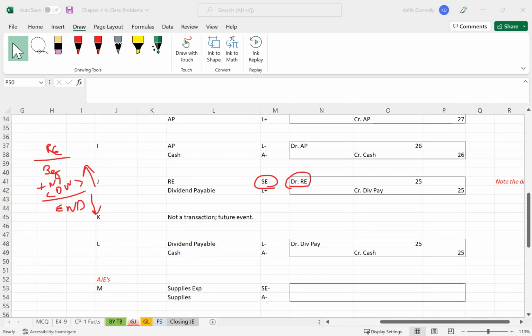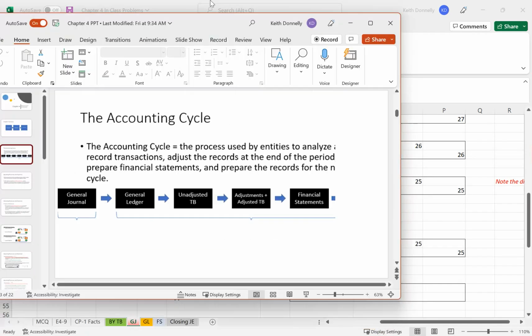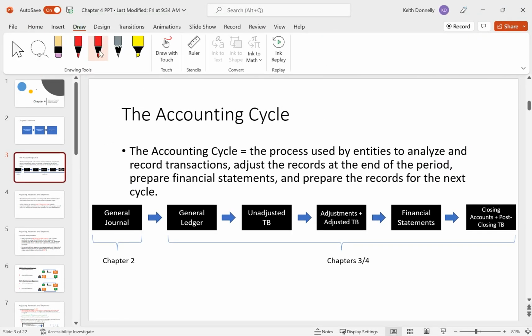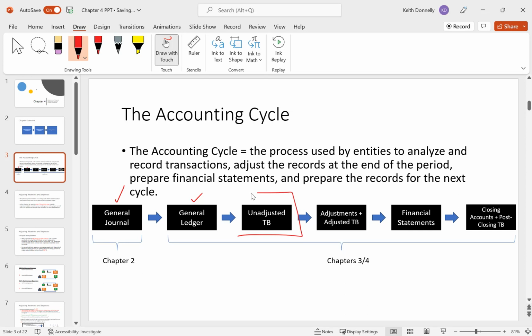So going back to the PowerPoint, to kind of check off where we're at, we just did the general journal and the general ledger. Now what we could do, we're not going to do it, is an unadjusted trial balance. Basically look at our total debits and our total credits.